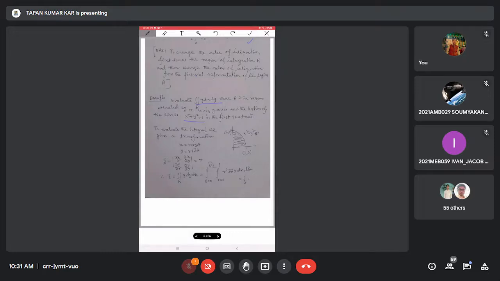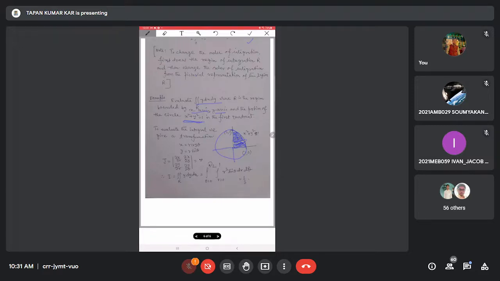Look at this one. This is the circle, but here we are considering only the first quadrant, bounded by the x-axis, the y-axis, and the portion of the circle in the first quadrant, that is this portion. This is the region of integration.